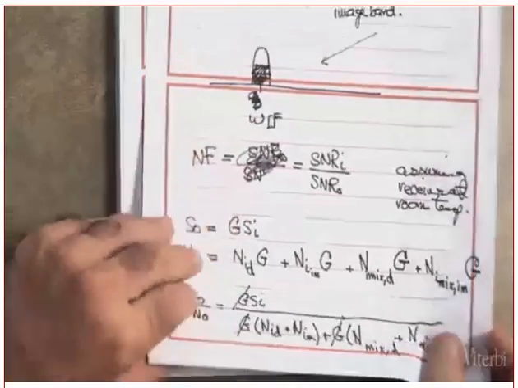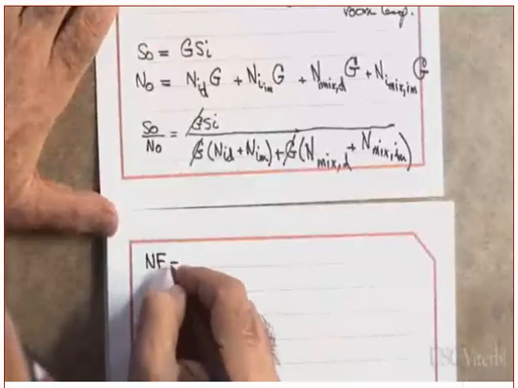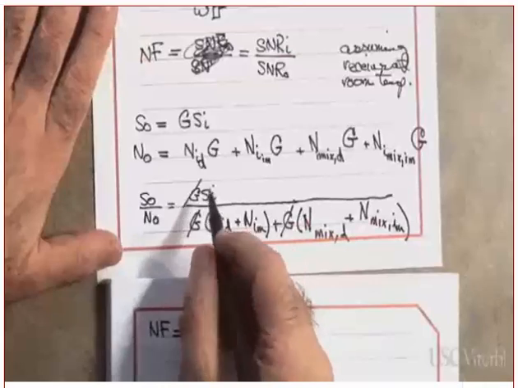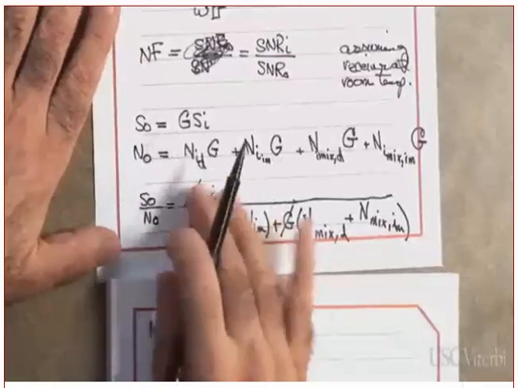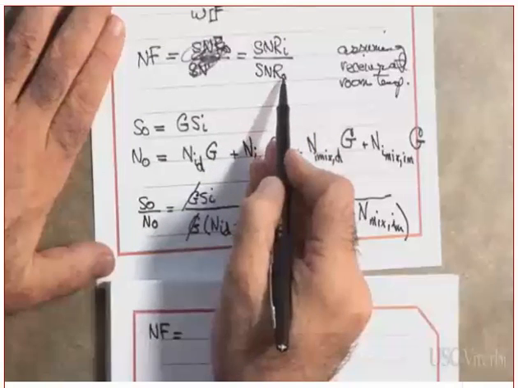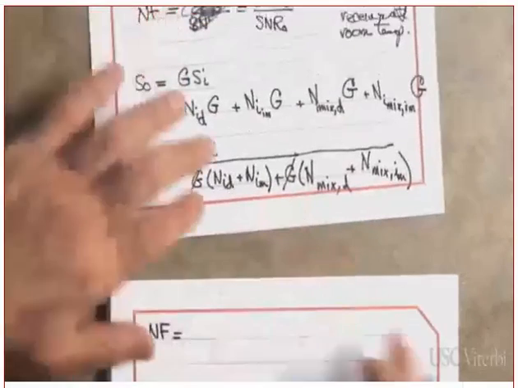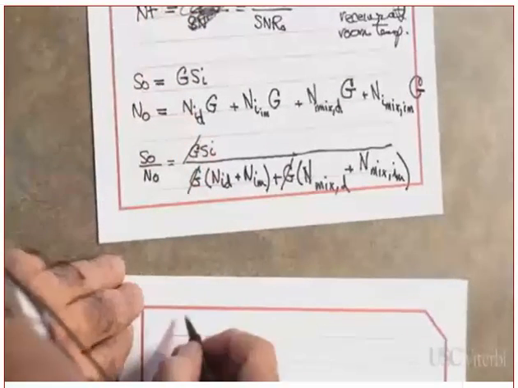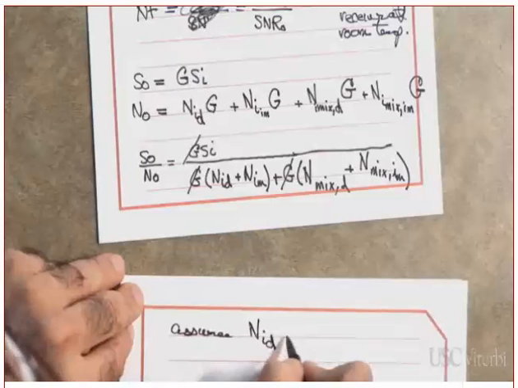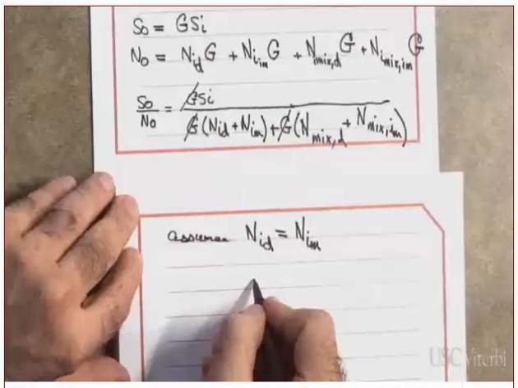Yeah. And so now what is the noise figure? Now remember, the noise figure is SNR_I over SNR_0. What will it be? Now let's make it simple. Assume N_ID equals N_IM. And what else do I assume?